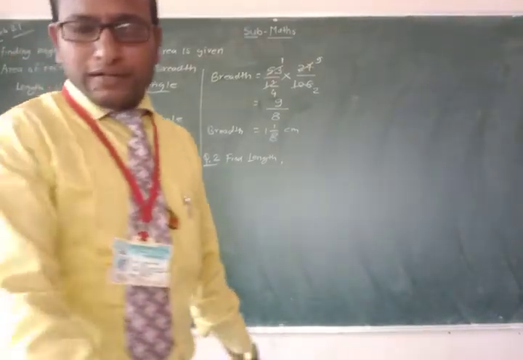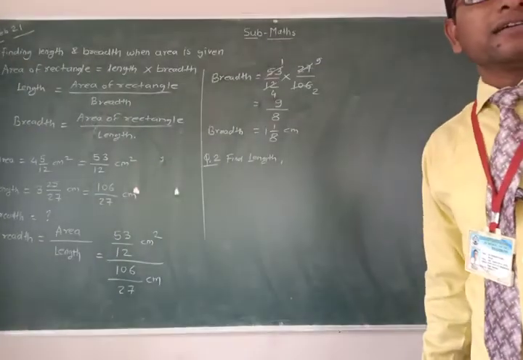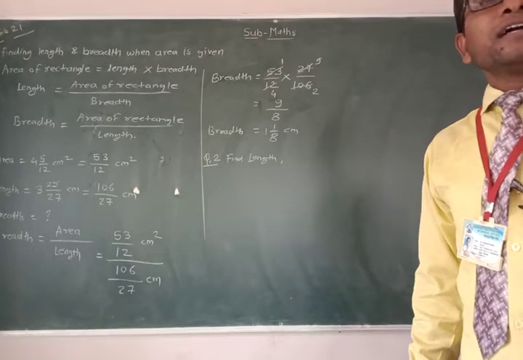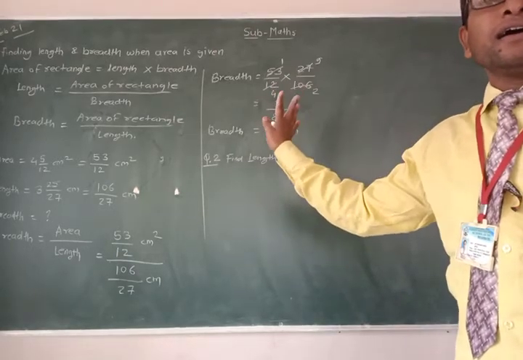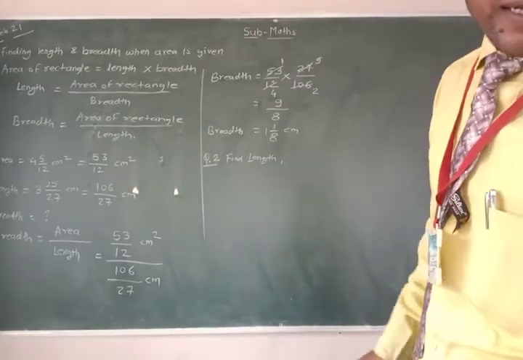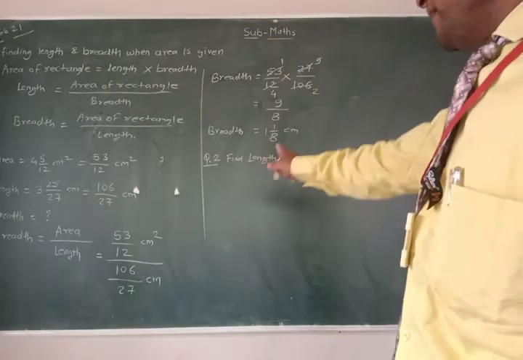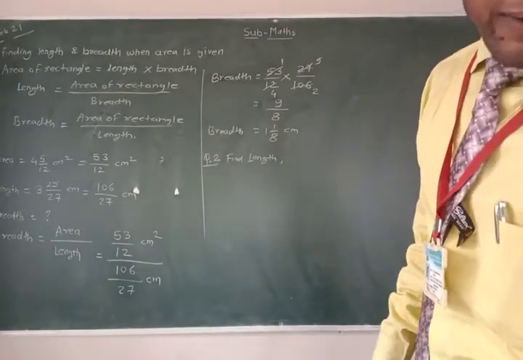Find length. Table 2. First table you completed in a previous session, but again I am explaining. In the second table, find length. The given values are area and breadth.